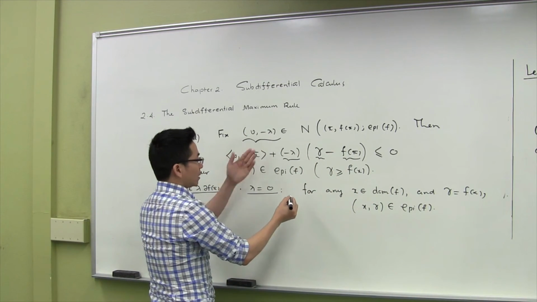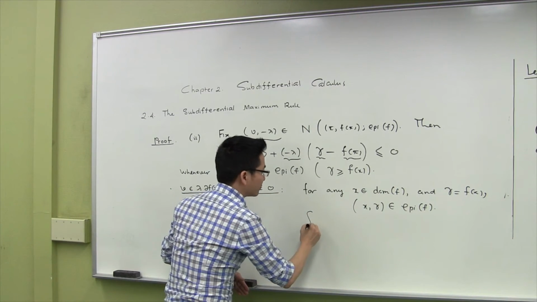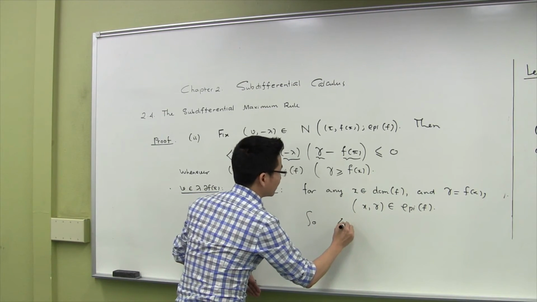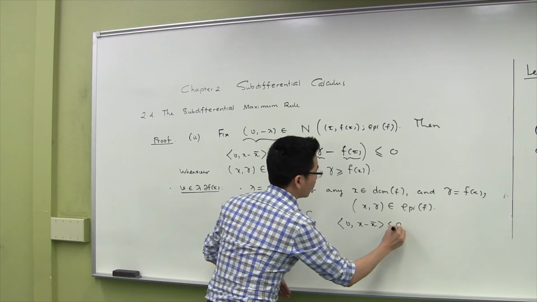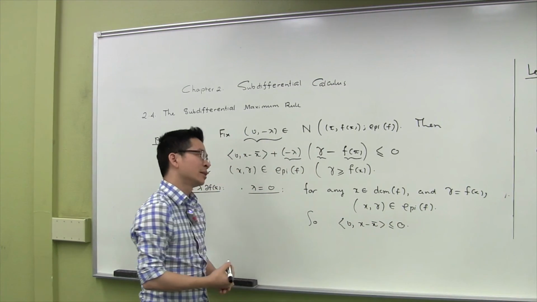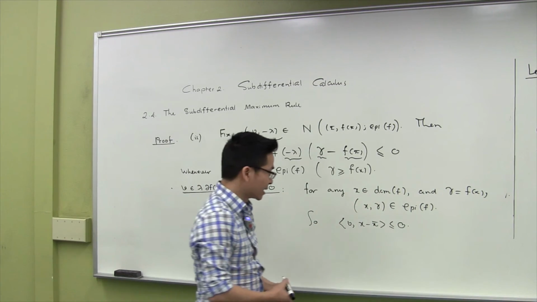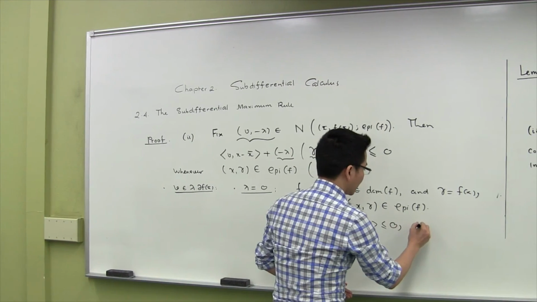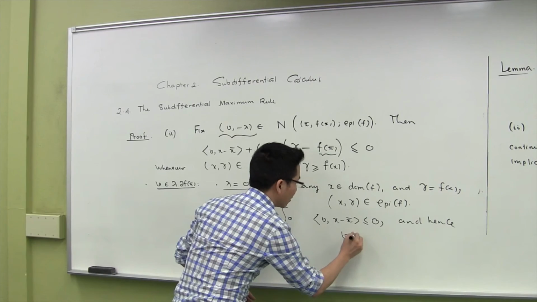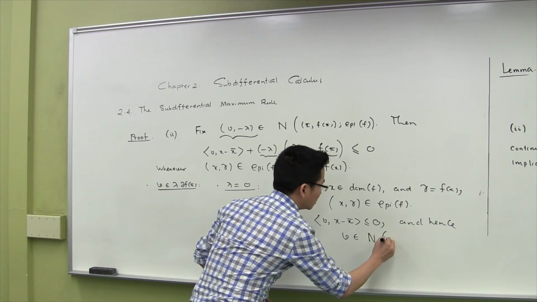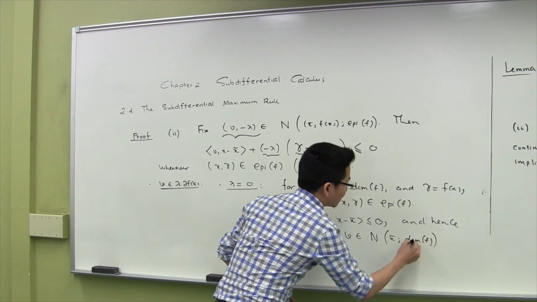And from here, with lambda equals 0, we have the following. The inner product of v and x minus x bar is always less than or equal to 0. Now, because this is true whenever x is in the domain of the function f, we see that v belongs to the normal cone to the domain of the function f at x bar.